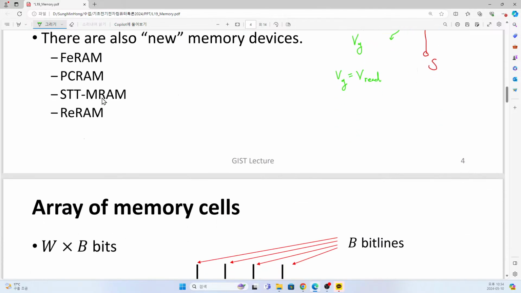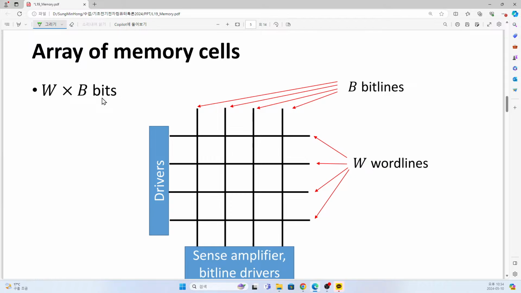Okay. Before talking about the SRAM specifically, we have to talk about the array of memory cells. So today, more or less, we will talk about just one bit cell structure, the very basic elemental unit to store 0 or 1.